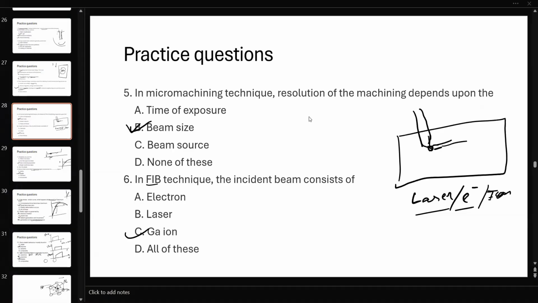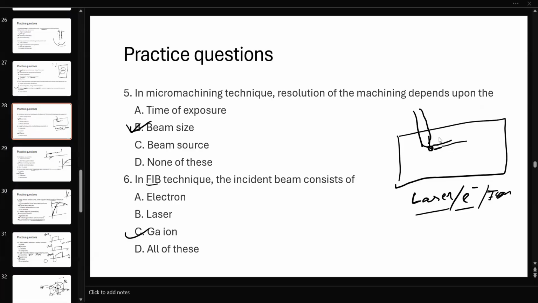In micro machining technique, resolution of the machining depends upon beam size. If smaller the beam size, time of exposure doesn't really affect your resolution.